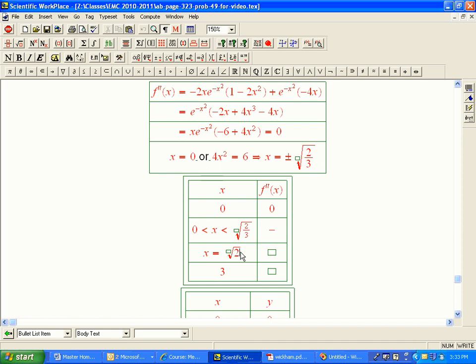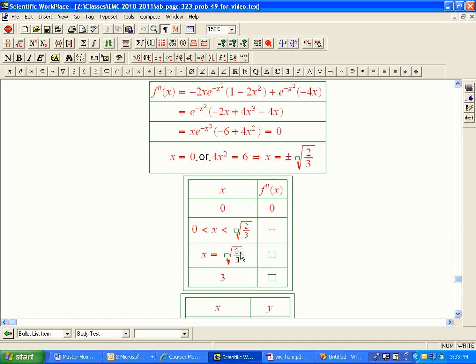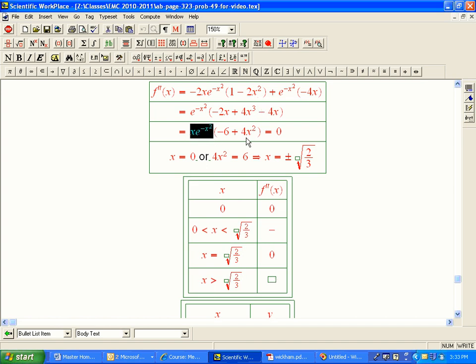X equals root 2/3. That's where it's 0 again. And then x greater than root 2/3. What happens? Well, these guys are still both positive, but here that's where this guy takes off, and that dominates this guy, and that's going to be positive.